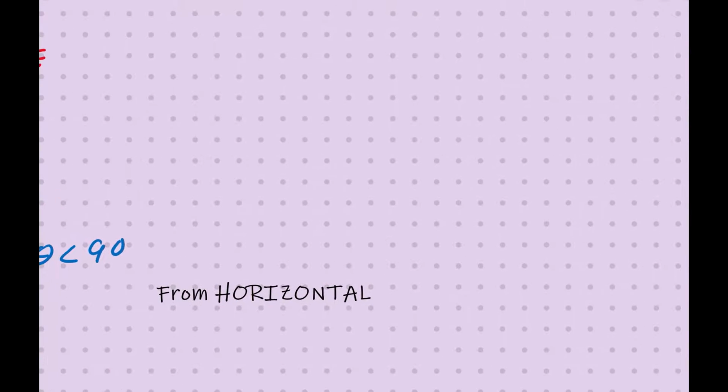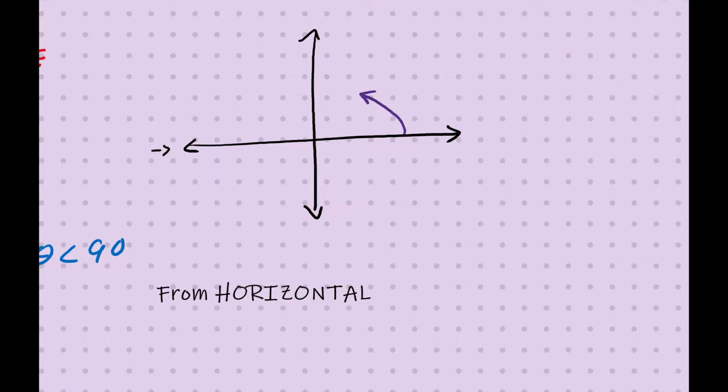And then we have the last one, which is from the horizontal, and that's what we're used to a little bit more. It means literally from the horizontal. We measure like we did when we talked about the unit circle, in degrees counterclockwise, where 0 started here and everything else followed suit: 90, 180, 270.